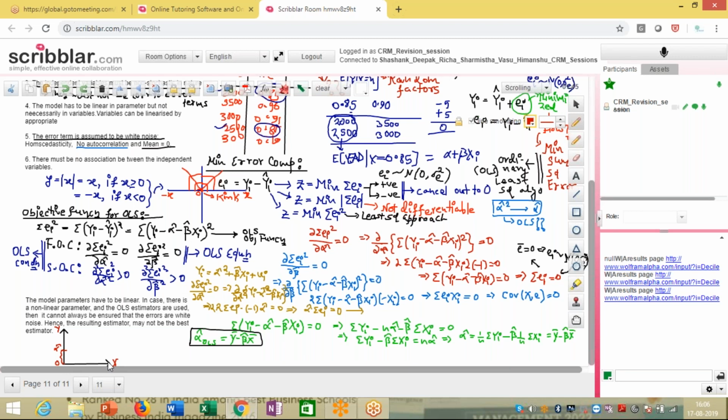So alpha hat is that component of the average value of y which is not covered by x bar, or which is not covered by the average values of x. So when x is 0, which is independent of x. If the average value of y is y bar, out of that x explains beta hat, then the average value out of that y bar which is explained by x is beta hat x bar.